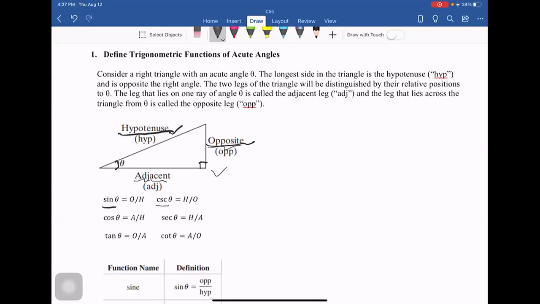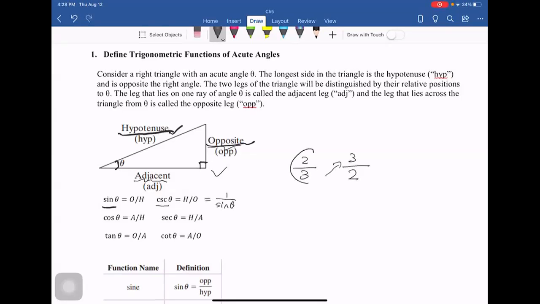This one is cosecant. So cosecant theta equals hypotenuse over opposite. So this one is the reciprocal of sine theta. Some students ask me what is reciprocal. So if I have 2/3, the reciprocal of 2/3 is 3 goes to the top and 2 goes to the bottom.